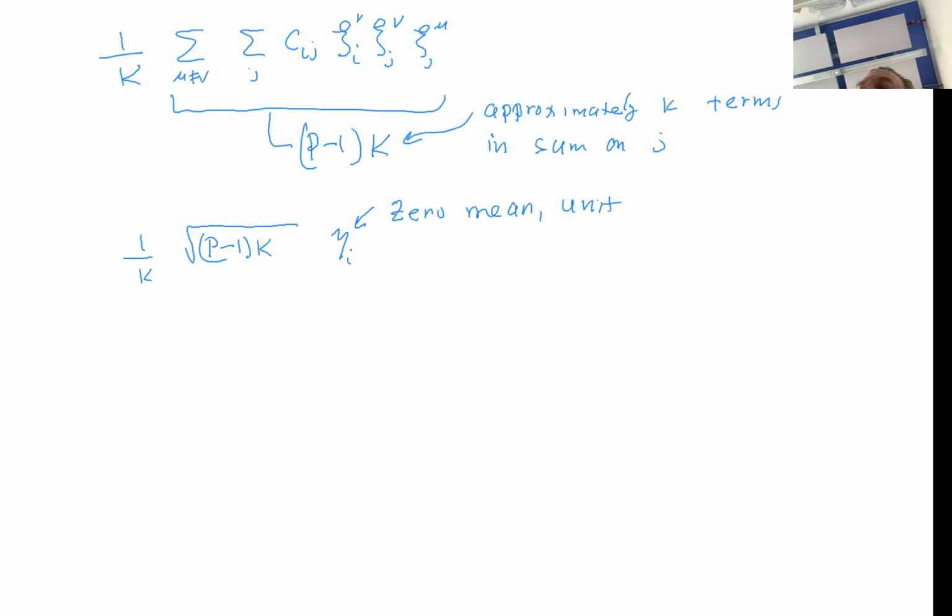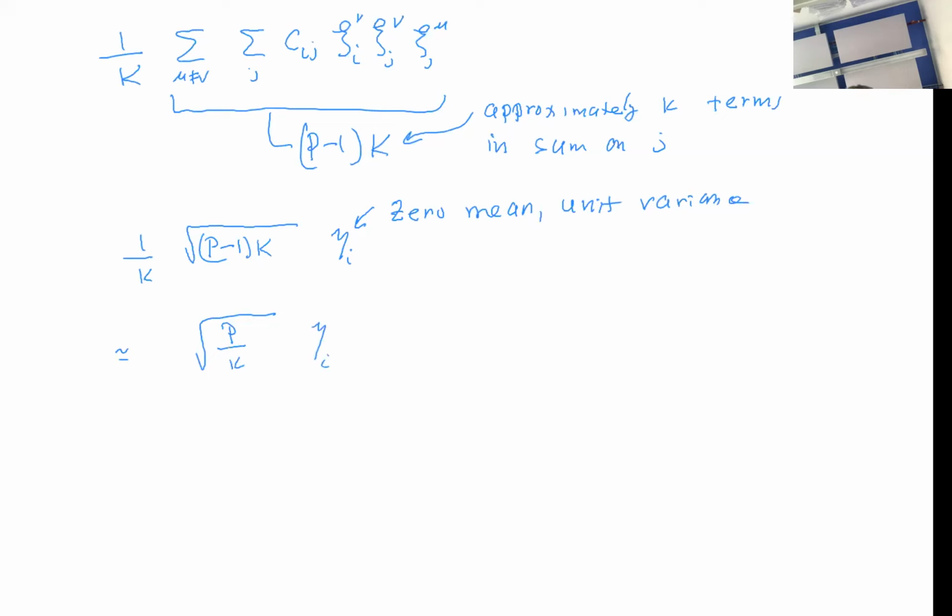It happens to be Gaussian, but we don't really care about that. And that's something I went over last time. It's super, super important that you know where that comes from. So this is approximately equal to the square root of p over k.